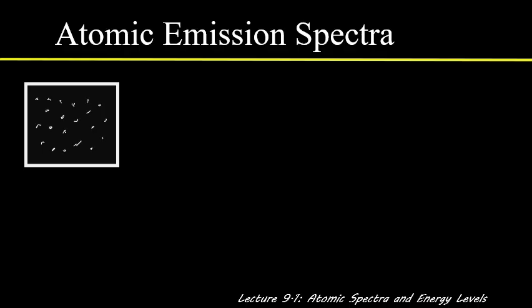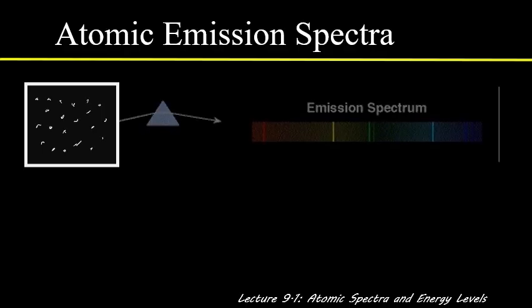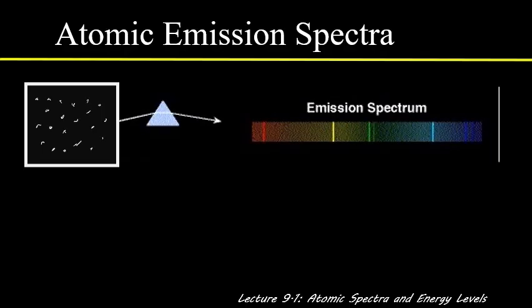The atoms and the electrons get separated, and then as the atoms and electrons come back together, the electrons move through different energy levels in the atom. And when that happens, it emits light. And if you take the light that's emitted from this hot gas sample and you put it through a prism, it will distribute out and give you a spectrum.